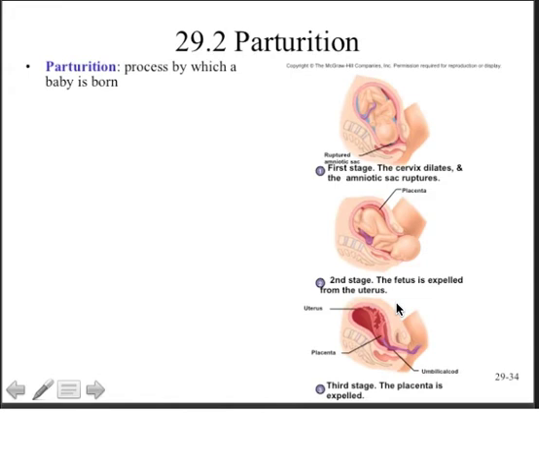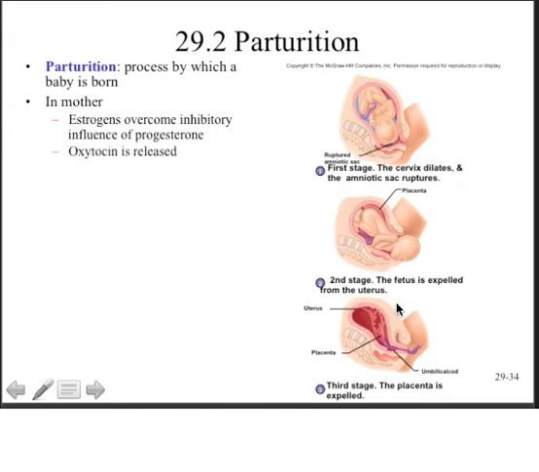Parturition is essentially birth. In the mother, estrogen overcomes the inhibitory influence of progesterone, and what happens as a result is that the uterus becomes more excitable, more likely to generate action potentials that will hit the brain and result in the release of oxytocin, which will promote uterine contractions.